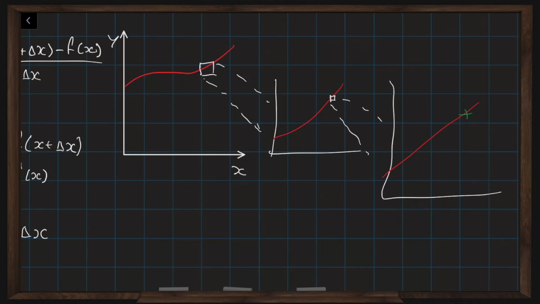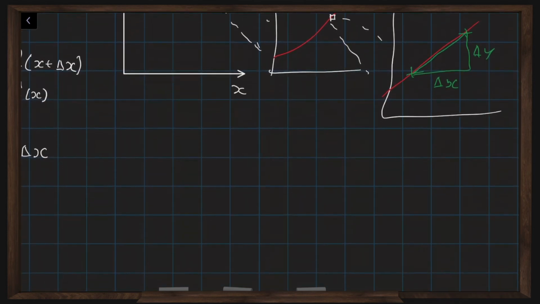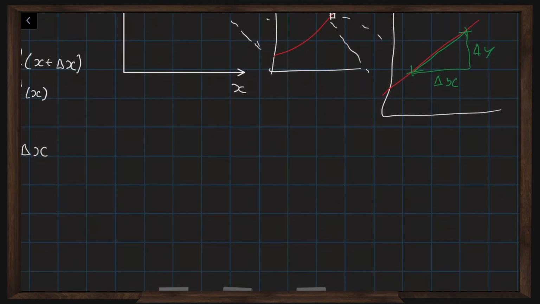So then, performing this operation will become valid. And this is a very important idea, and that is if your change in x is sufficiently small, your equation will follow a straight line over that change in x. And in this case, instead of using the little delta symbol to represent a change, we actually use a lowercase d.